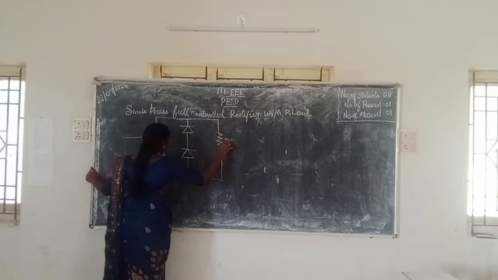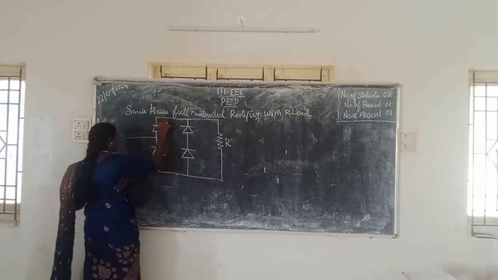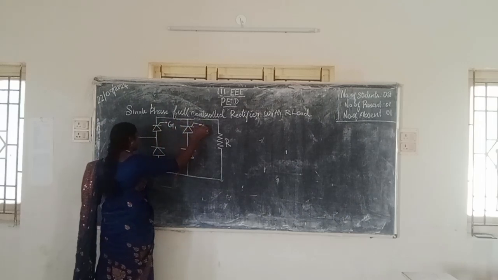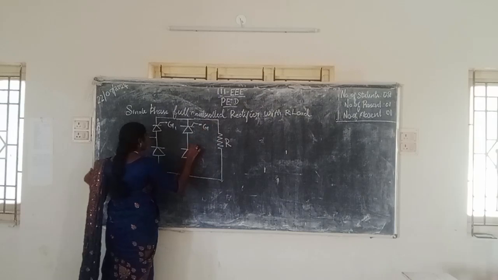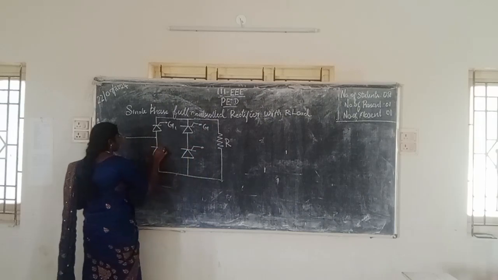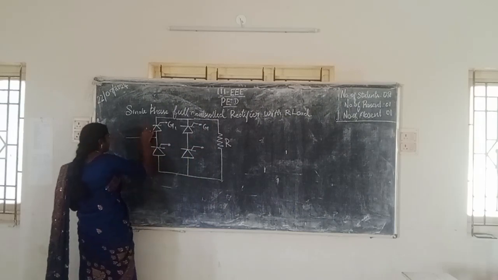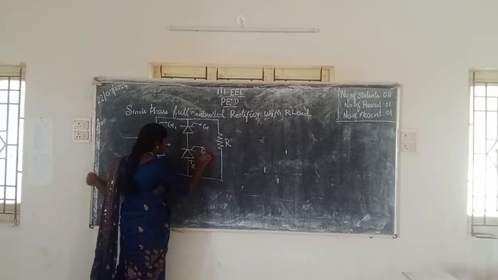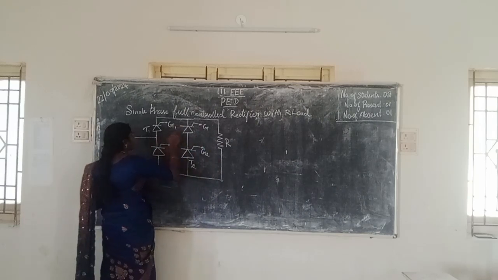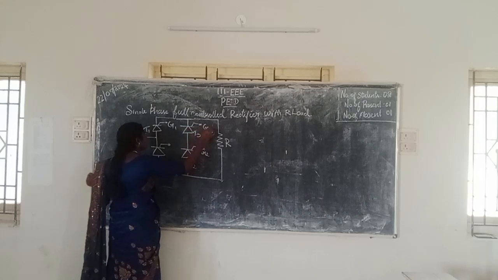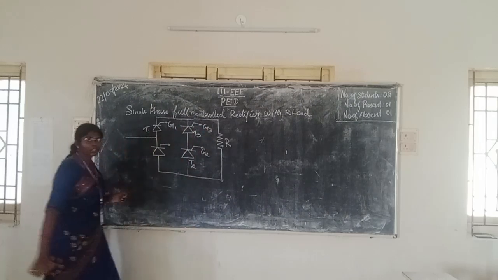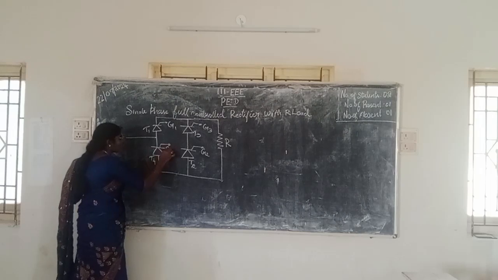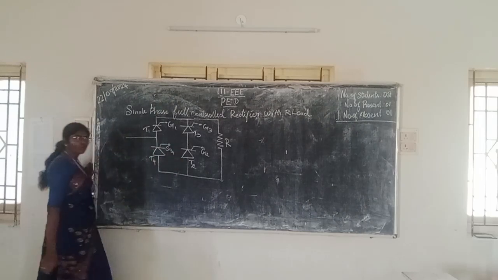This is R. The first thyristor will be having 3 terminals, so I am naming this as thyristor number 1, with gate signal 1, and this is thyristor number 2, with gate signal 2. I am naming this as thyristor number 3, so I am taking this as gate signal 3. And this is thyristor 4, so I am naming this as gate number 4.